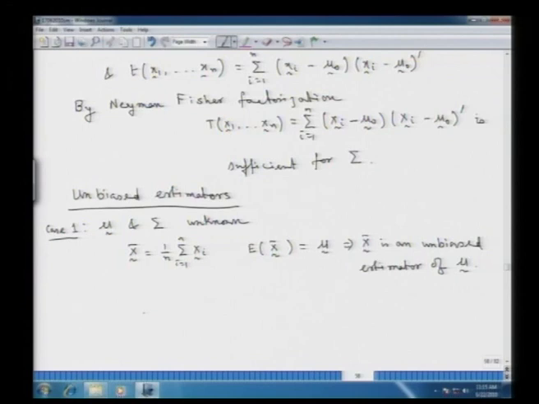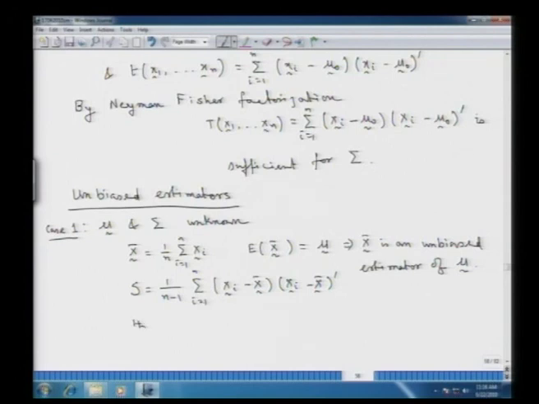Now, what about the sigma matrix? In the earlier lectures we had proved that if we consider S to be equal to 1 upon n minus 1 times the summation i equal to 1 to n of x i minus x bar into x i minus x bar transpose, this is a sample variance covariance matrix with a divisor n minus 1.